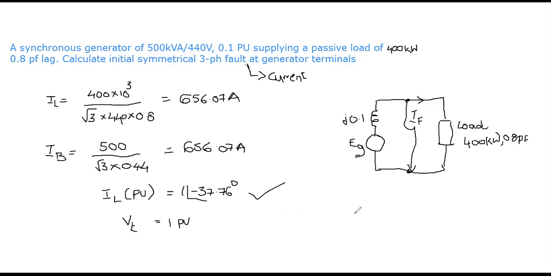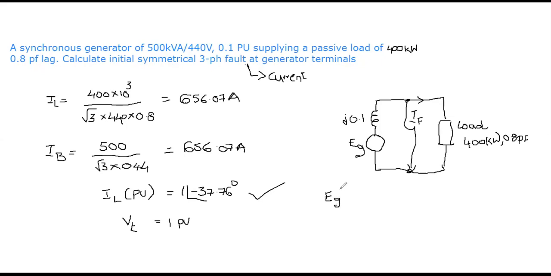Now you are going to see here. Already we know from the internal voltages of a loaded synchronous machine, the initial symmetrical current should be in terms of Eg double dash.